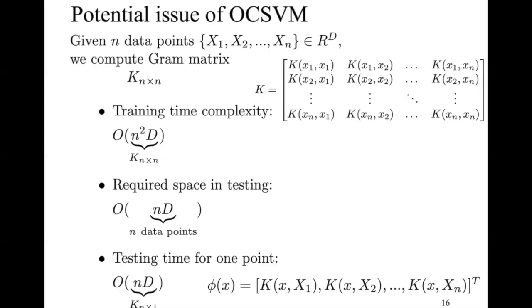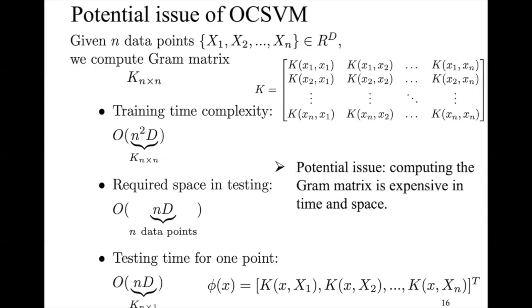That's the high level. But the problem here is, as you can imagine, if n is very large, the computation of the Gram matrix is very expensive in time and space. That's the biggest problem. So a natural way to address this issue is to find an approximated Gram matrix using a lower rank of the Gram matrix.